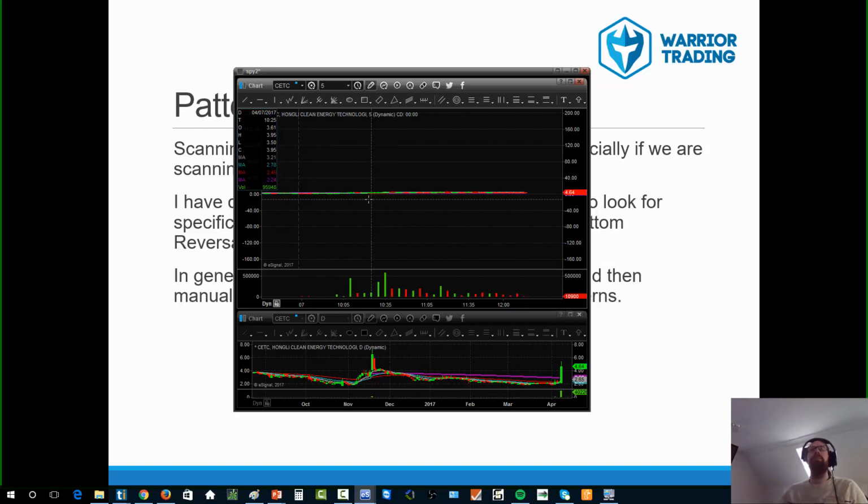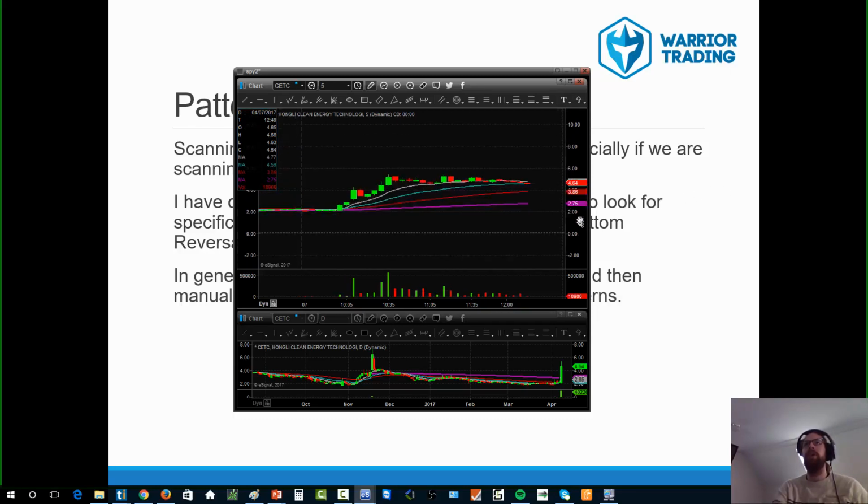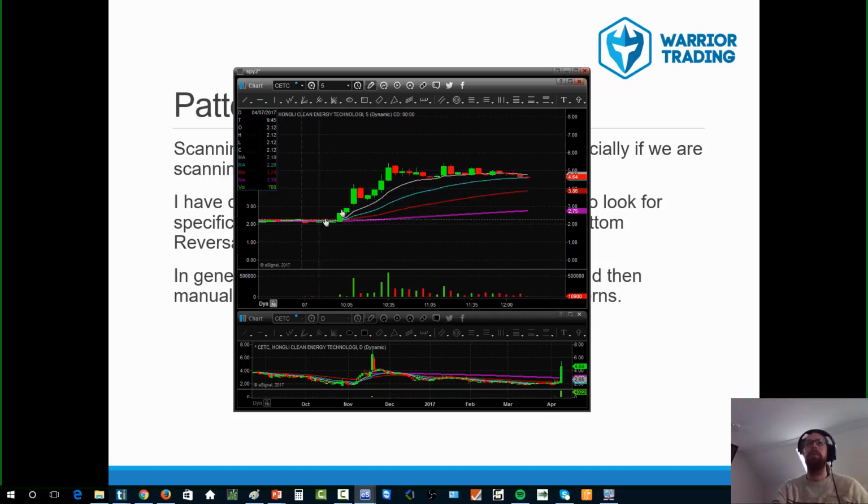It's because patterns are something we see with the eye. Yes, they are the result of numbers coming together, but there are so many variables between this pattern and this one. These are both bull flags, but this one is very different from that one.